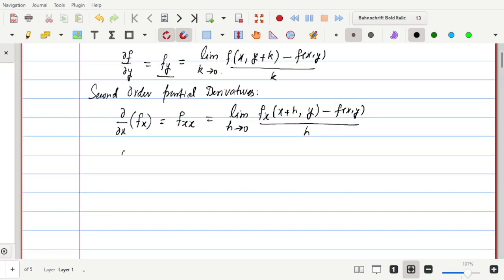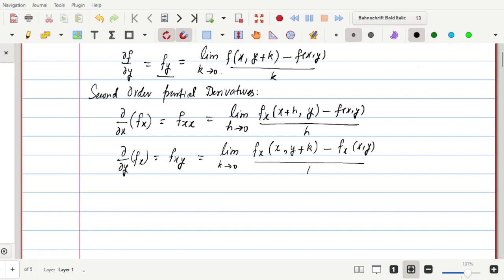Similarly, we can take a partial derivative of fx with respect to y, denoted del by del y of fx, which we can also write as fxy. This is defined as the limit as k tends to 0 of fx of x, y plus k minus fx of x, y, whole divided by k.